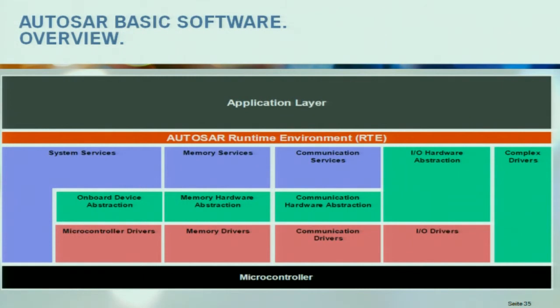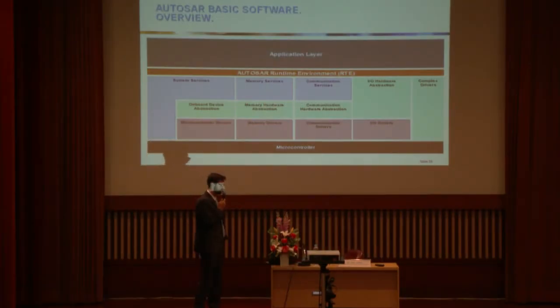And then for specific stacks, you have more abstraction layers and so on. And then you get the RTE, which abstracts all the operating system details from the application. So the idea is that whatever you change below the RTE is not of importance to the application, and therefore you can reuse the application.